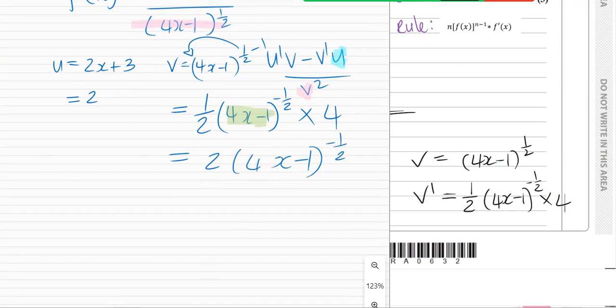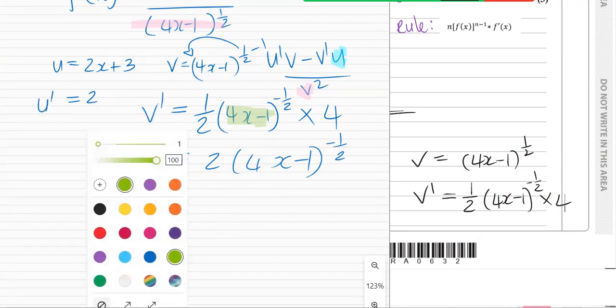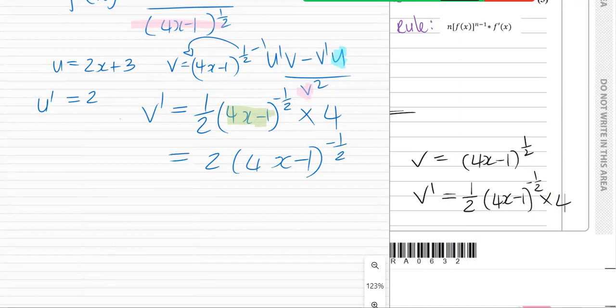Okay, so now we have our u and our u dash, and we have our v and our v dash. The next step is to use this u dash v minus v dash u. Remember, order matters when you're doing the quotient rule because of that negative. I like to go in this order: u dash v goes that way, and v dash u goes that way.